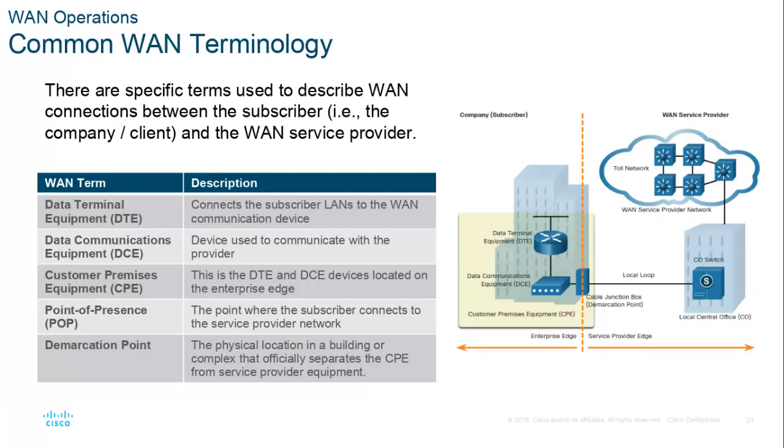There are some WAN terminology terms here. Data terminal equipment, data communication equipment. You probably don't remember, or you weren't born yet, but we used to use things called dial-up modems, the Hayes modems that made the screeching cat's noise, and we would attach them to our PCs.